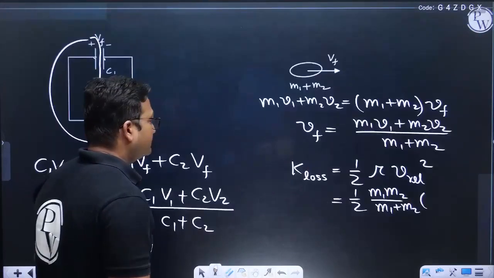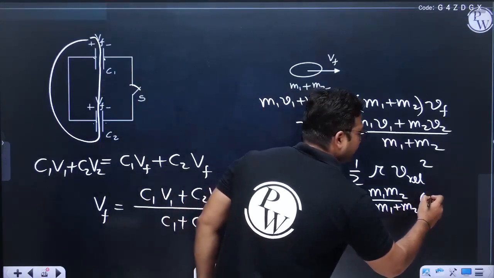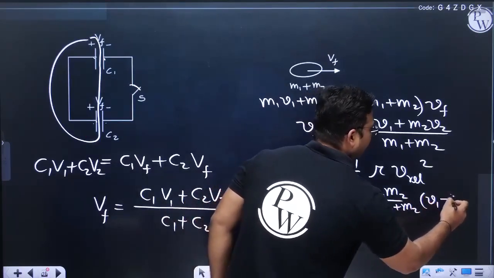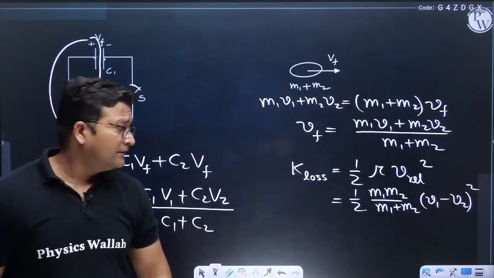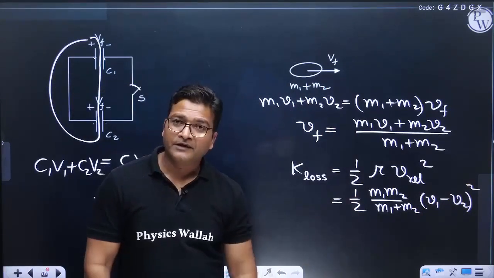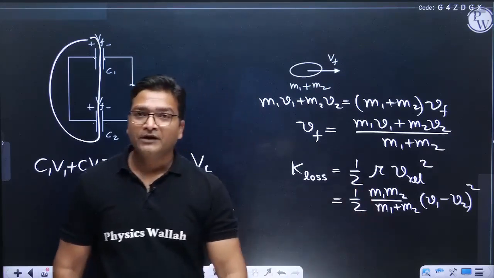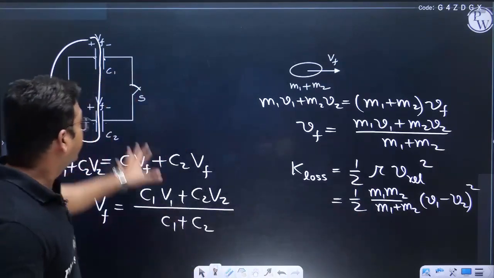As you have to square it, it doesn't matter whether you do V1 minus V2 square or V2 minus V1 square. This is the loss of kinetic energy. By looking at this formula, you can write the heat loss in this process.